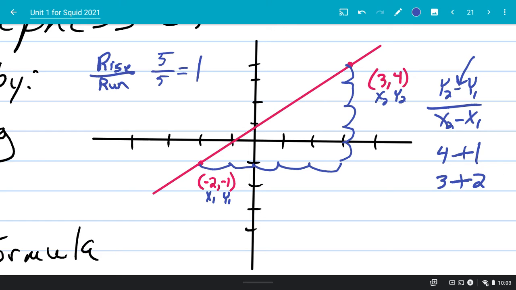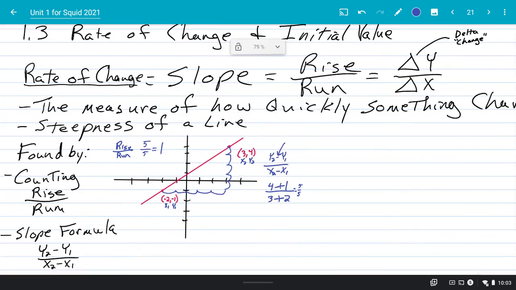So this slope ends up being 5 over 5, which is 1, which we already said. Notice how I get the same thing no matter which way I do it. There's 2 ways to find slope: to count it or to use the slope formula. Cool? You're going to be doing that over and over and over in this section. I'll come back to it.